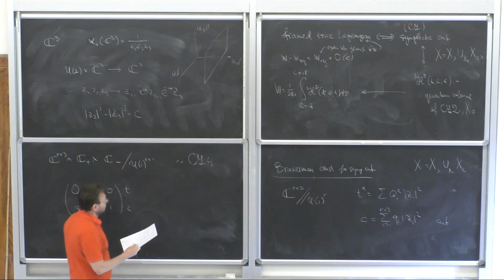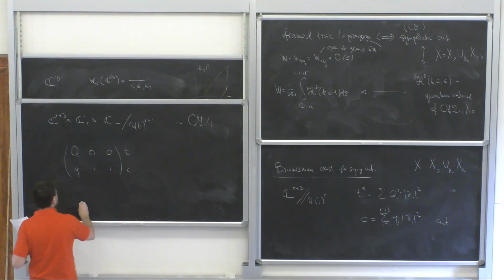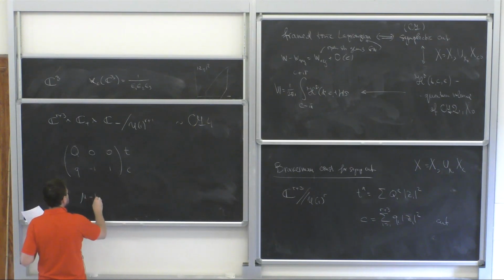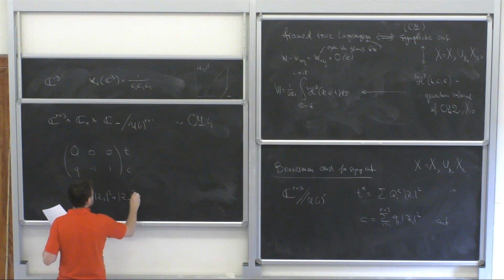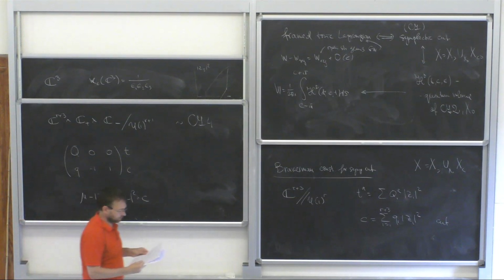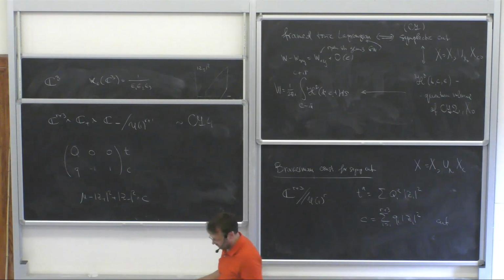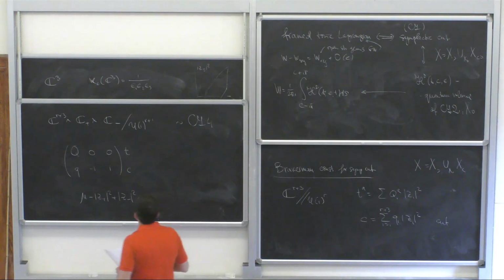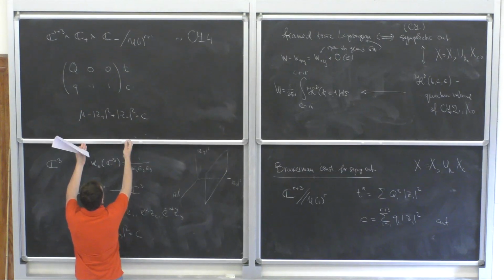So my additional moment map here would basically be this moment map: mu plus |zeta_plus|^2 plus |zeta_minus|^2 equals C. So the moment map corresponding to this line. So what's the geometry of this space?